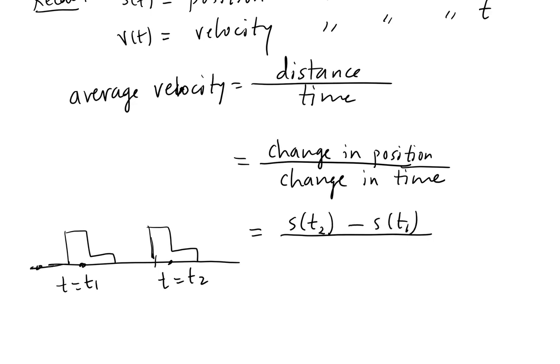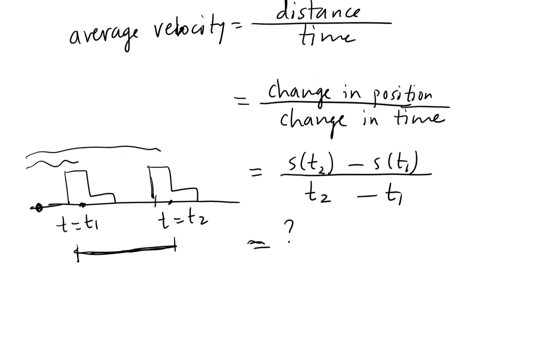Assume it starts somewhere here. The difference in the position from here to there is basically you take the whole thing minus this, over the change in time, that's t2 minus t1. What is this? This looks like a slope formula, y2 minus y1 over x2 minus x1. So what does it tell us?